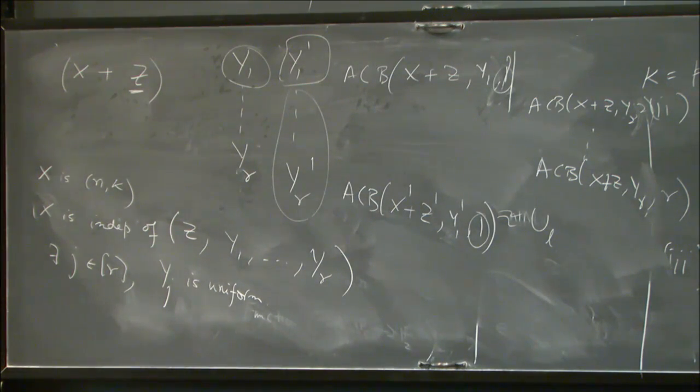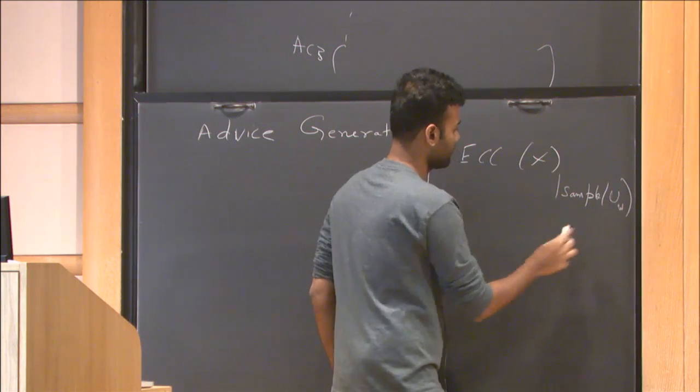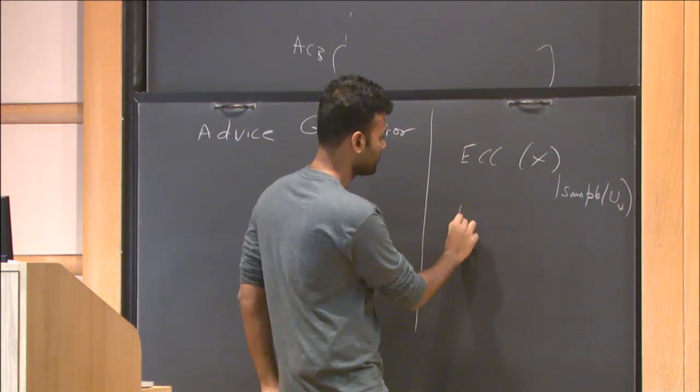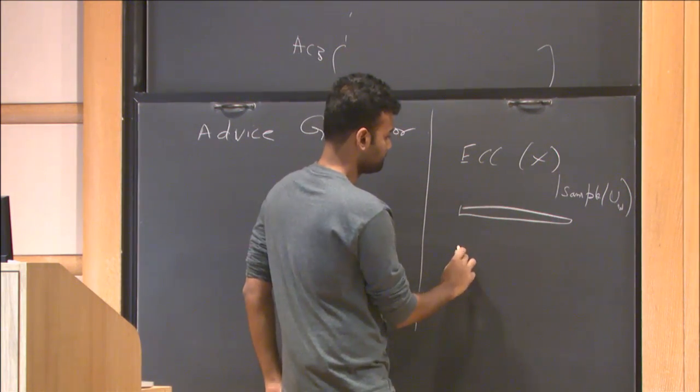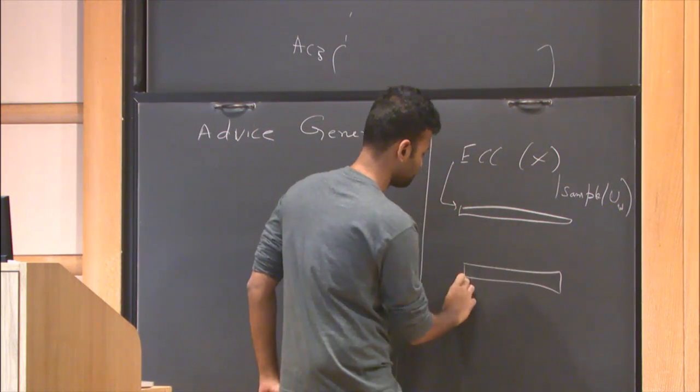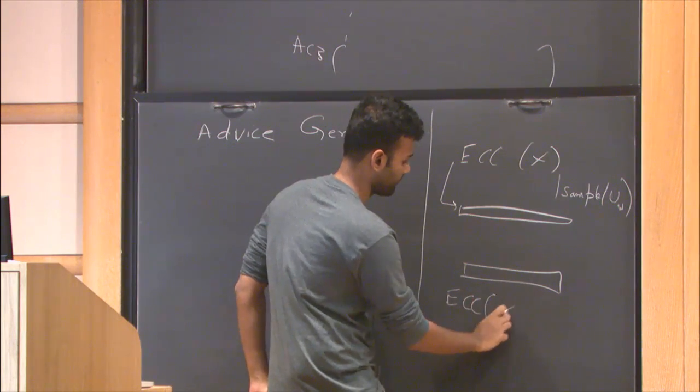So one way of doing it would be, since you know that x and x prime are different, to encode x and randomly sample a few coordinates, using some extra randomness. By encoding x using a good error correcting code, this is the ECC of x and this is the ECC of x prime.